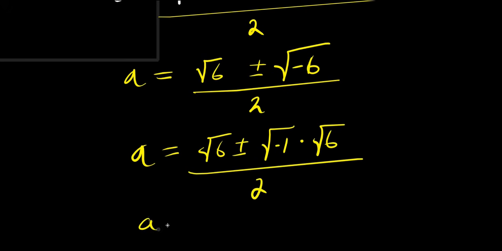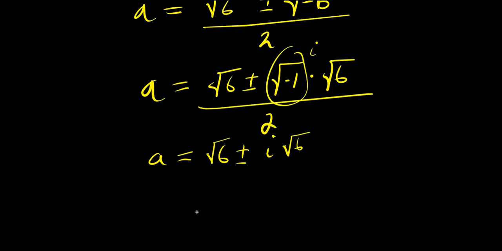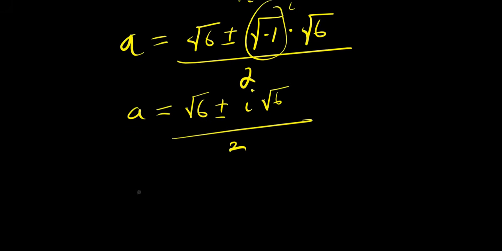So we have a equals the square root of 6 plus or minus i times root 6, divided by 2. So we simply factor out root 6 over 2, and we have a equals root 6 divided by 2 of 1 plus or minus i.